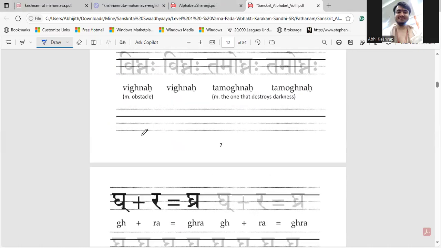But for Hakara alone, there is no place where we can half this or anything like that. It is not possible. So either way, Hakara is treated completely whenever we are combining it as a secondary Vyanjana or a primary Vyanjana.